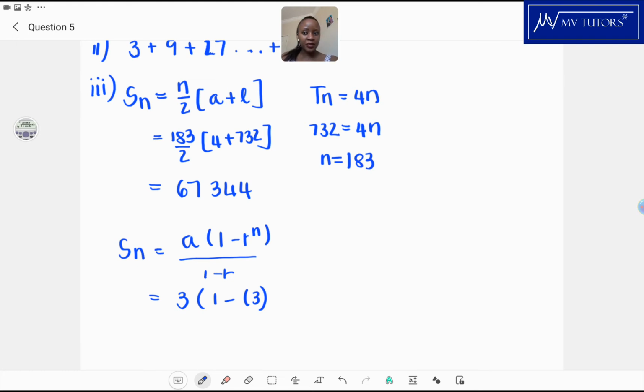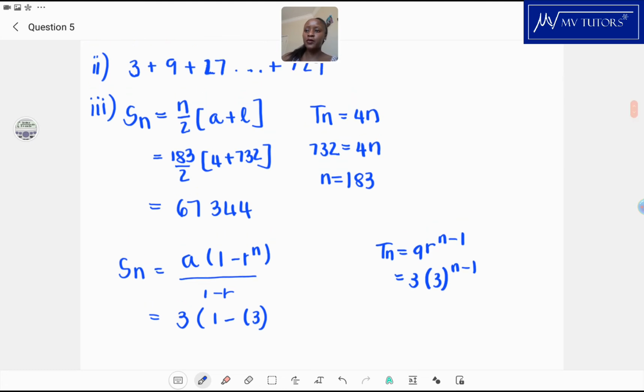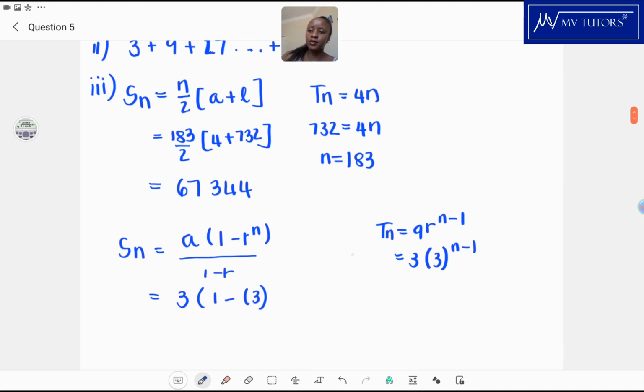Now getting the number of terms. Your general term formula is ar to the n minus 1. The first term is 3, the common ratio is 3, so 3 to the n minus 1, and I'm looking for the last term being 729.